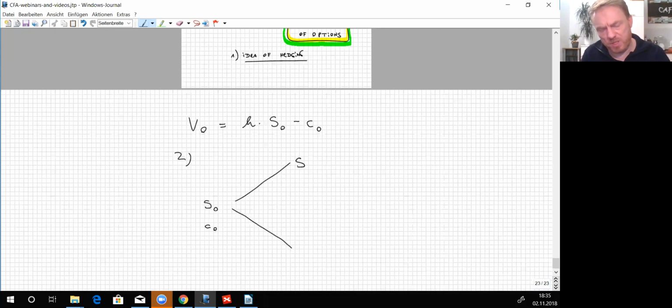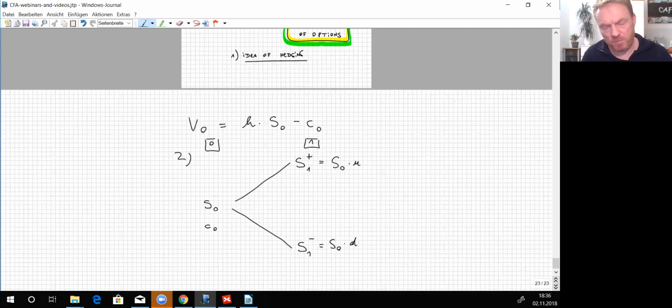If it goes up, it's going to go up to S1 plus, because in period 1, here we have period 0, whereas here we have period 1. So S1 plus is the value if it went up, S0 times U, the up factor. Or if it goes down, S1 minus, because S0 is multiplied by the down factor. If times are bad, it could just as well go down. Why not? Of course.